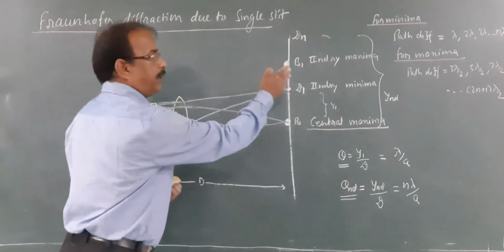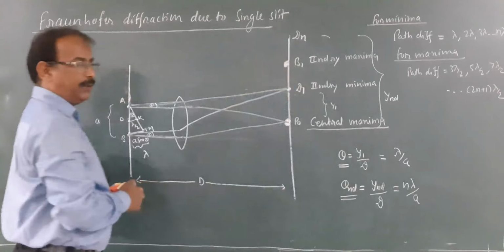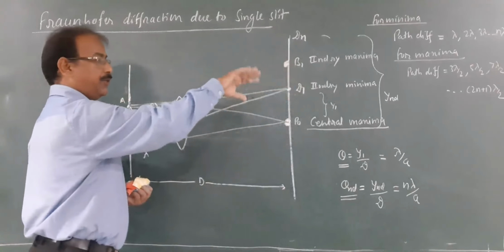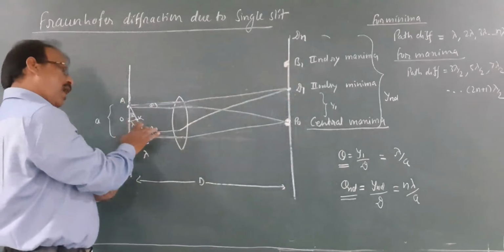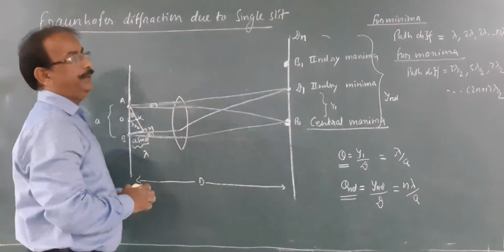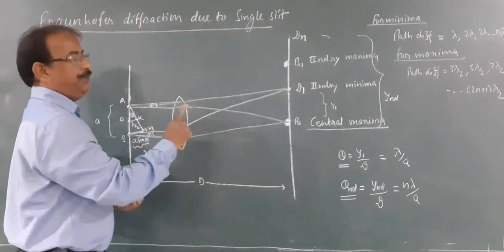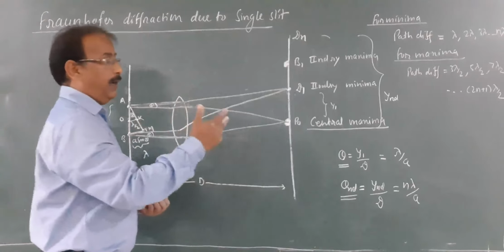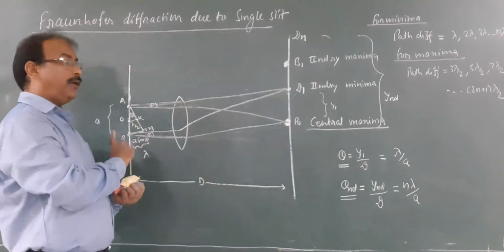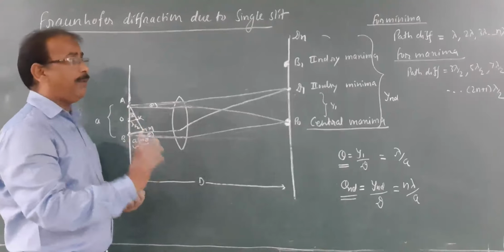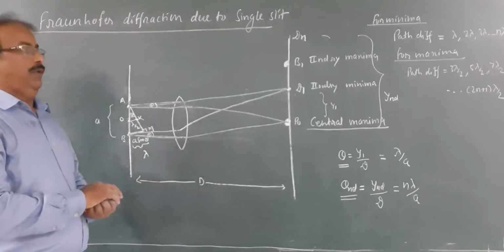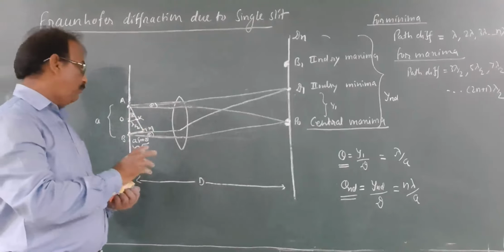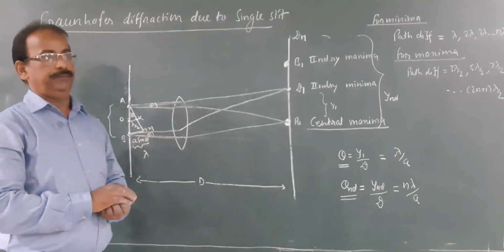As first secondary maxima is next to first secondary minima, this path difference will get increased. For first minima, path difference is lambda. For first secondary maxima, path difference is 3 lambda by 2.